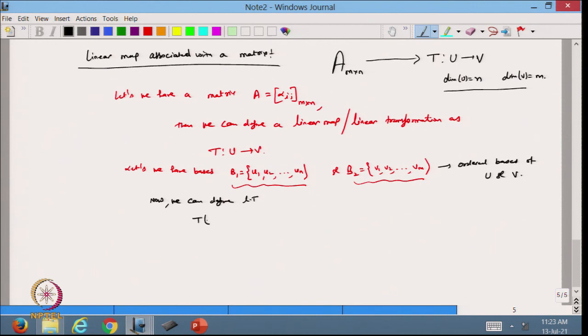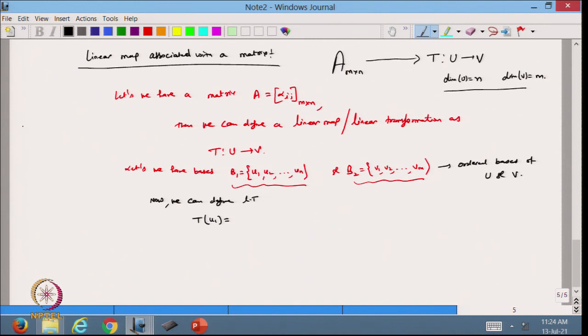T of u1 will be equal to, now this is the corresponding matrix we have, and I know that this matrix is made up of the coordinates.